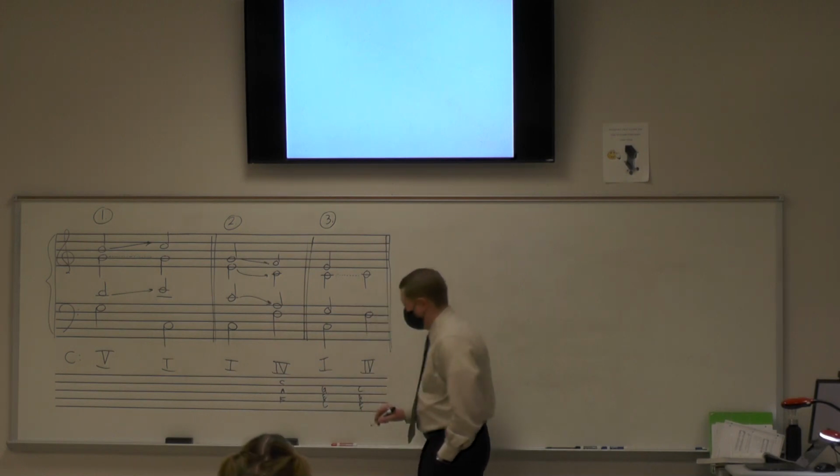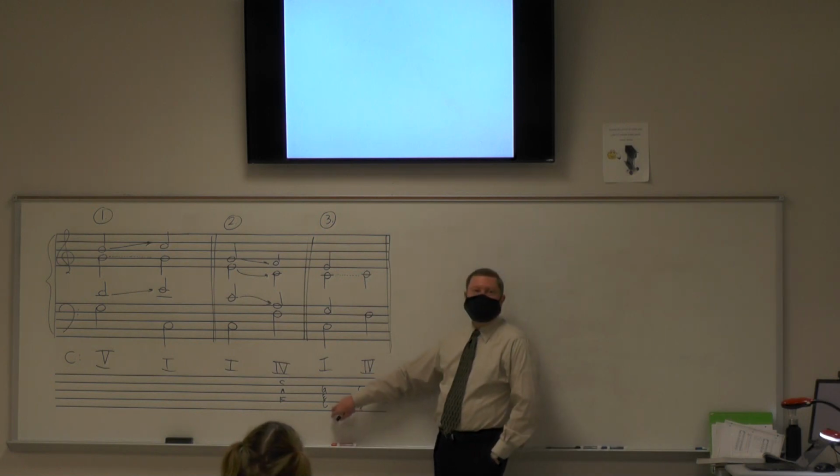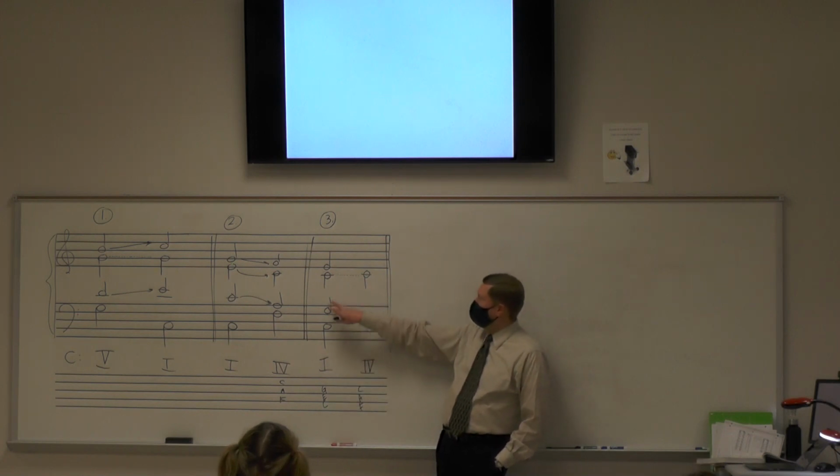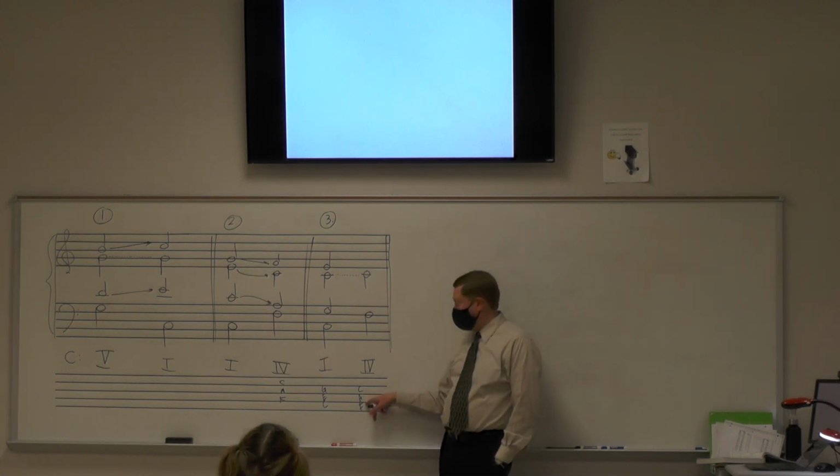C, E, G. Which pitch is the third of the chord? The E, right? In what voice is the E found in this first chord? It's in the soprano, right? F, A, C, what note is the third of this chord?